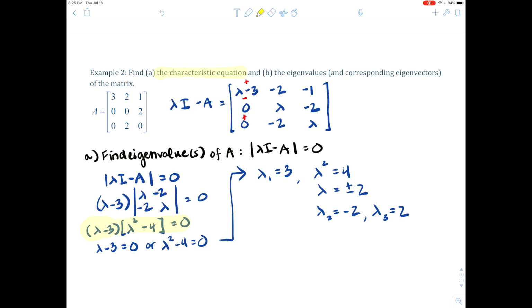So going on, we're starting now with part B at this juncture. So this part of part B are the eigenvalues. The eigenvalues of A were lambda 1 is 3, and then lambda 2 is negative 2, and lambda 3 is 2, right? So now the next job is to find the eigenvectors. Good so far?